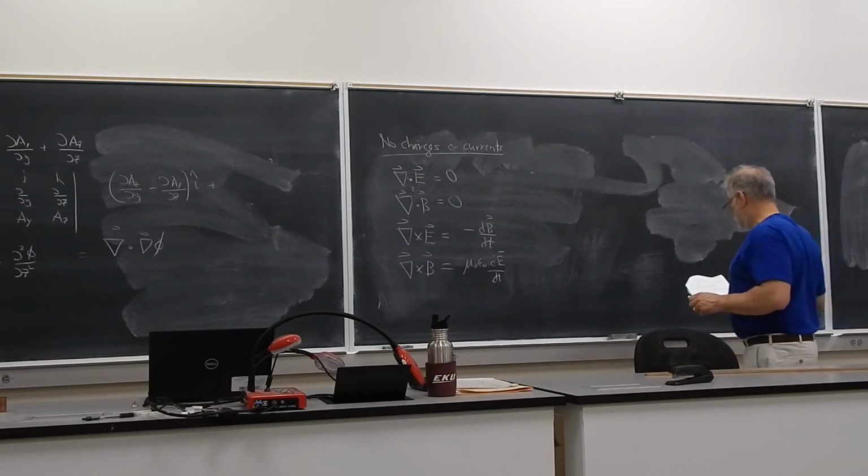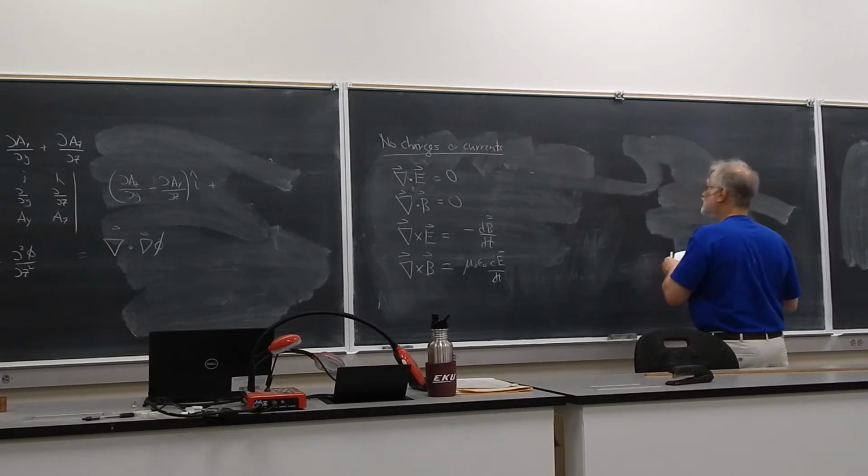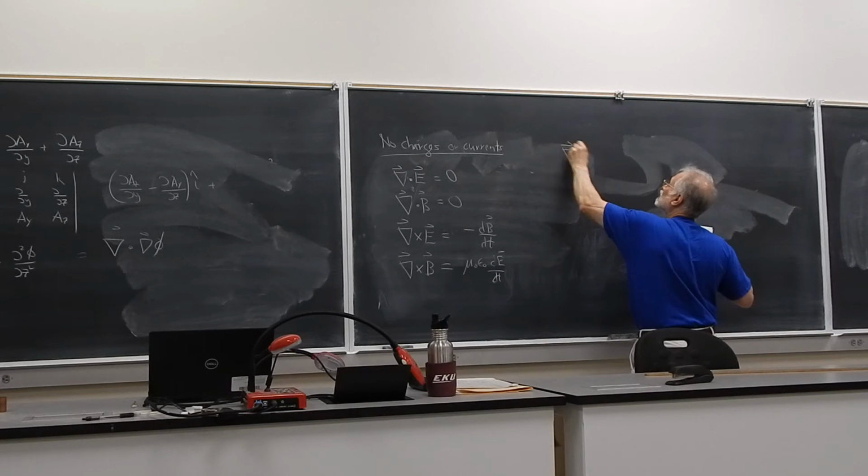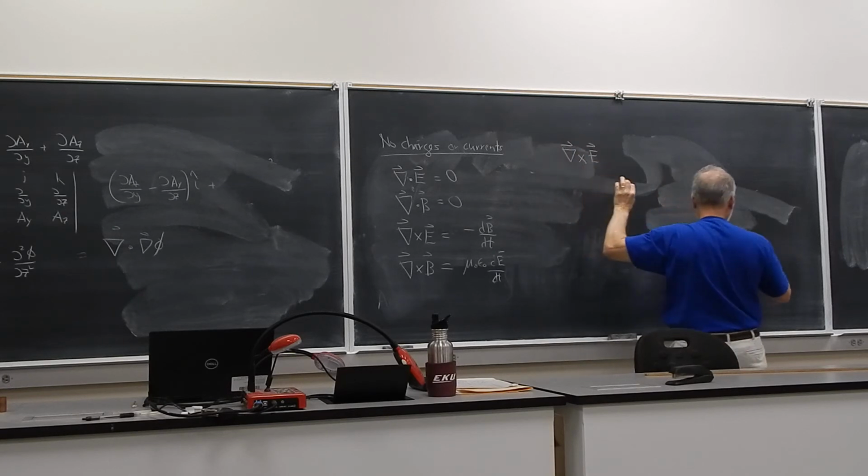So let's do that. I'm going to start with this vector identity. We'll do it for electric fields first.